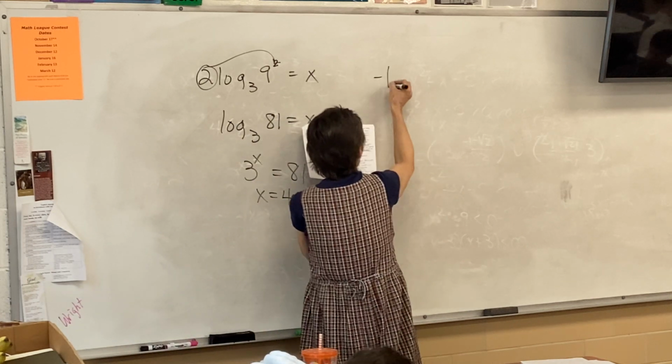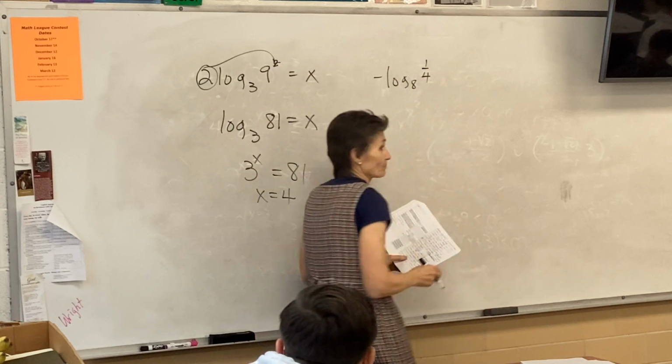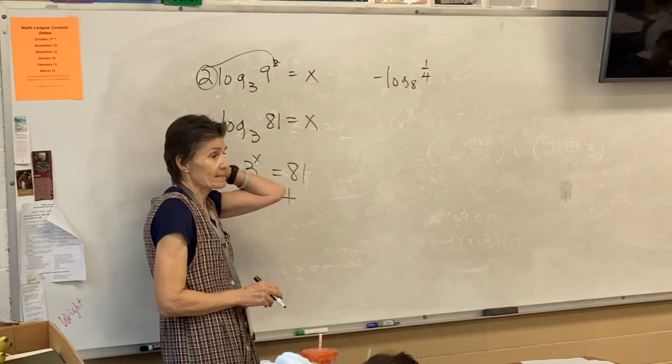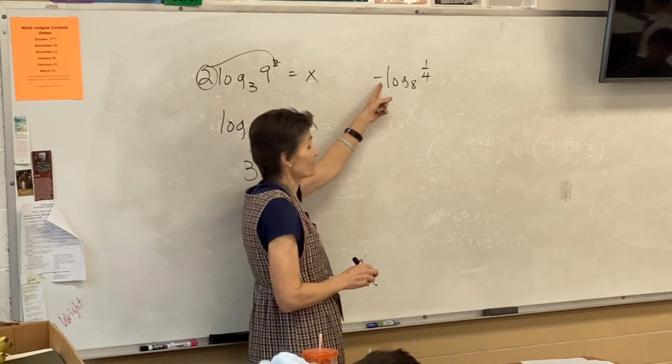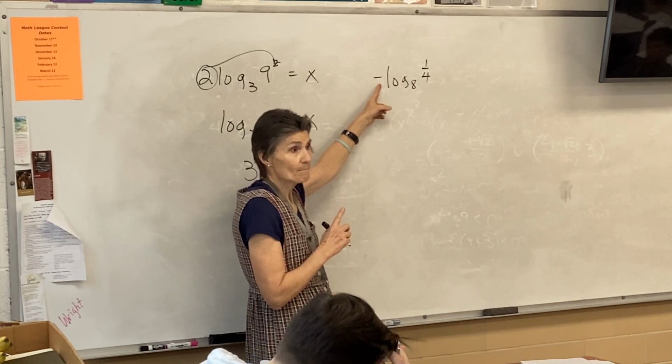Next one is negative log base 8 of 1/4. Now again, you can use exactly the same strategy, but don't do anything till you take care of that. So what happens to that?